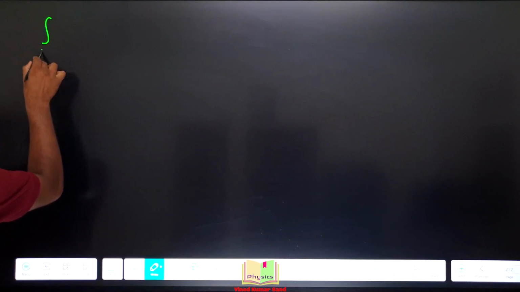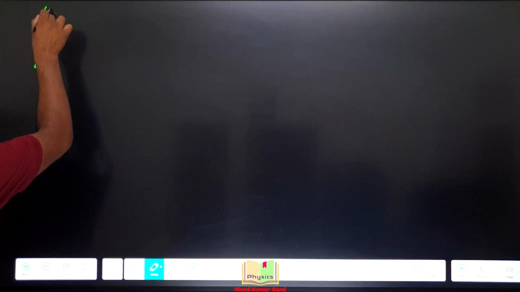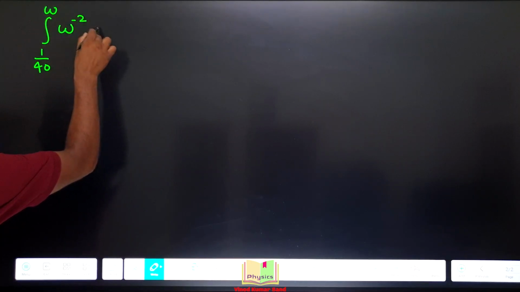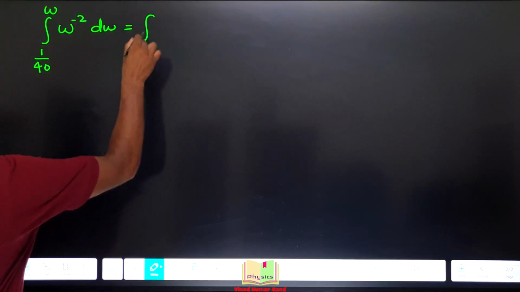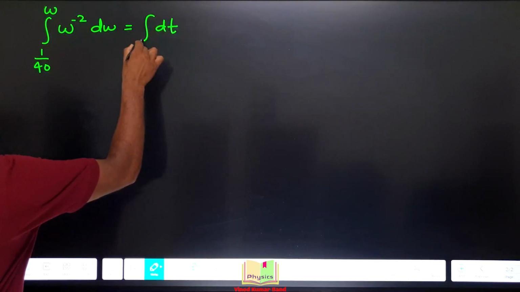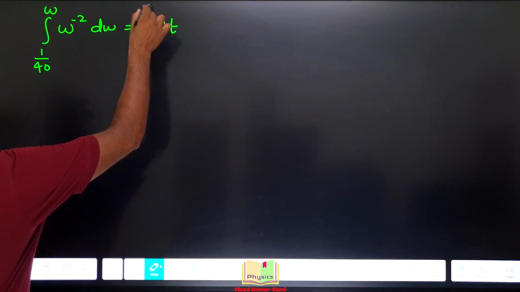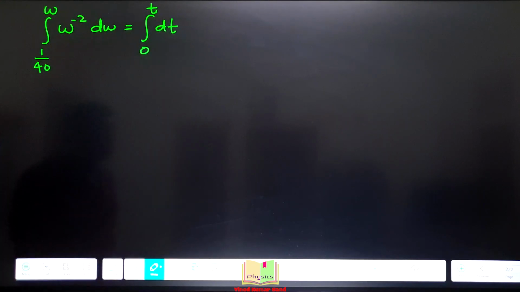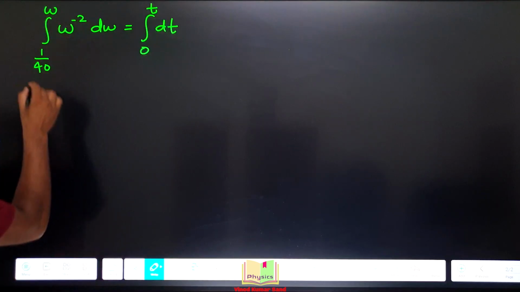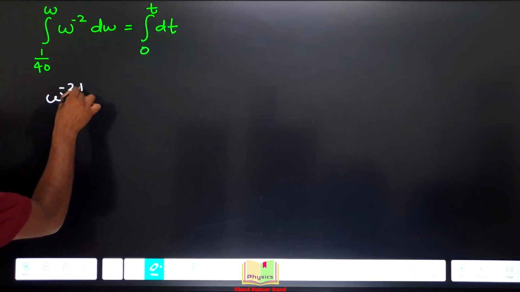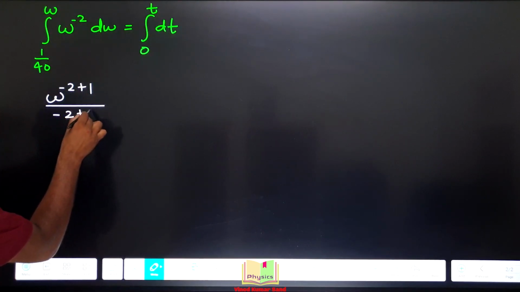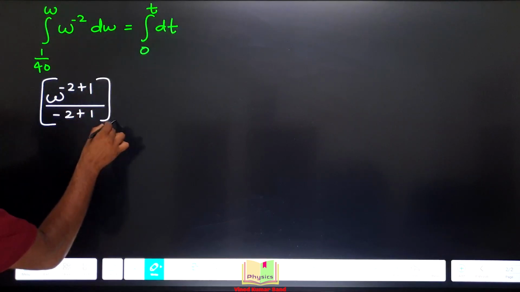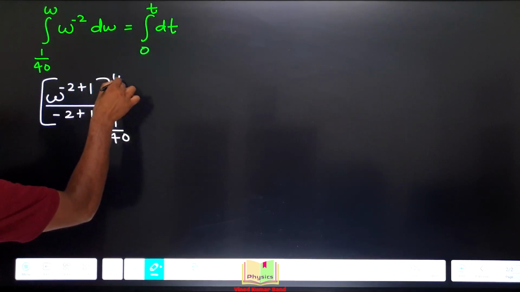So here we have 1 by 40 to omega. Here is omega to power minus 2 d omega, equal to integral dt. The limit is 0 to t. Now simplifying further, omega to power minus 2 plus 1 upon minus 2 plus 1. The limit is given in the question.